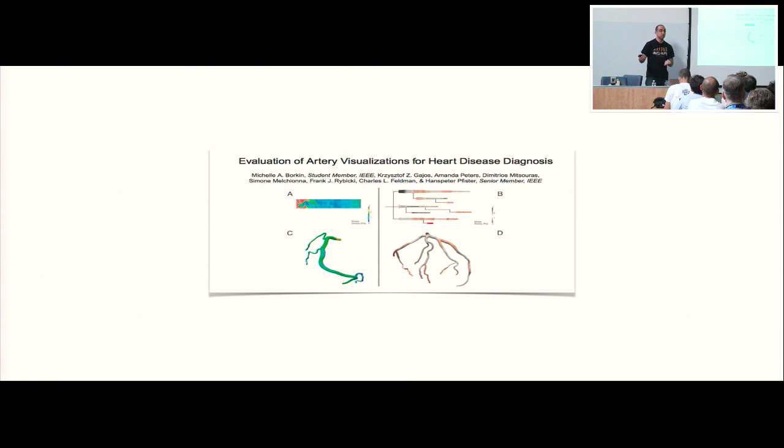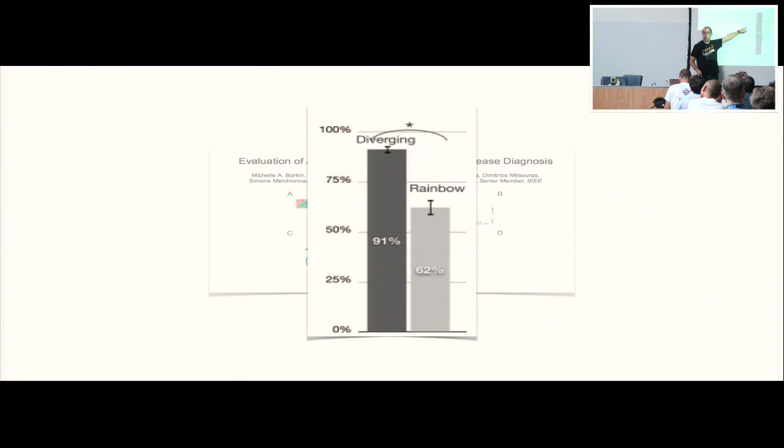A wrong decision has a very high cost. It turns out that by changing the color scheme alone, they were able to improve the rate of correct diagnosis from 62 to 91%. So it's not only a matter of taste. It can even be a matter of life and death.